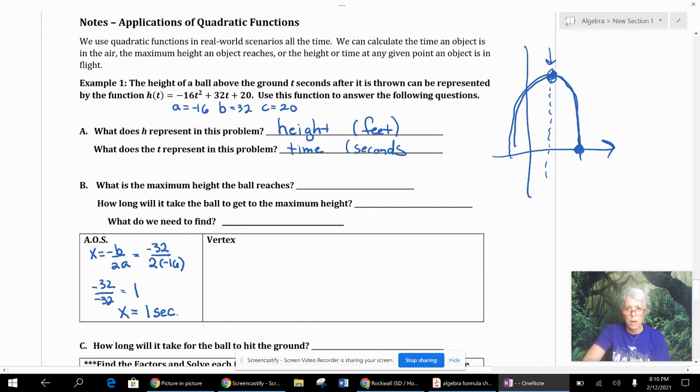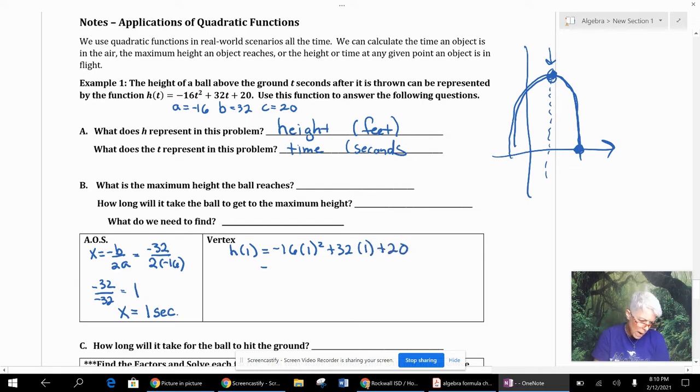So it's going to come up. It's going to be at its maximum point at 1 second. But what is that maximum point? What is y when x is 1? So I come back to the original equation, and this time I say, what is the y when x is 1? I'm just going to replace all the x's with 1s.